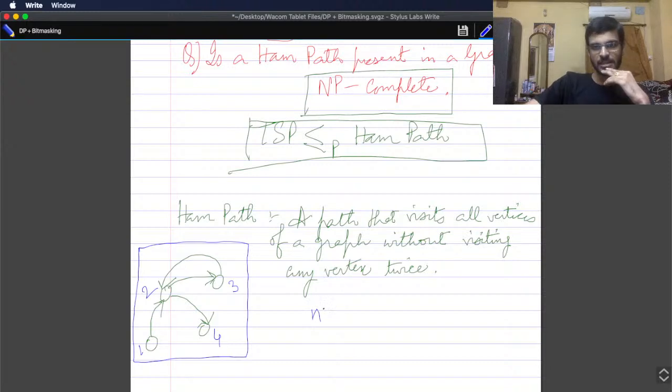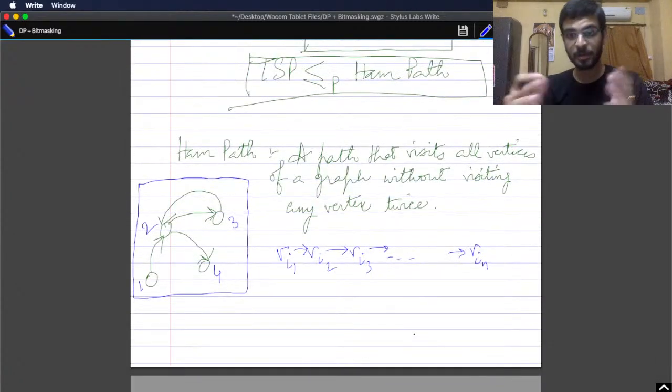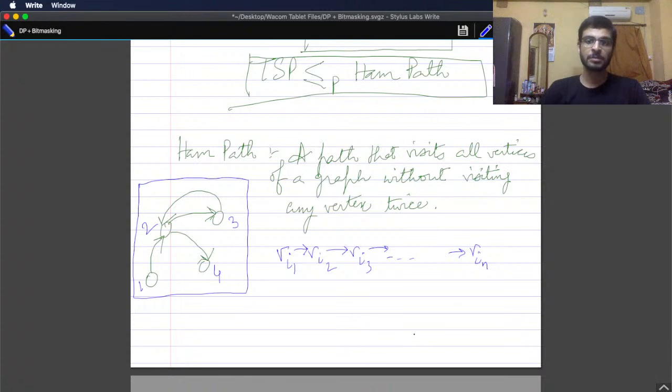Can we say that any Hamiltonian path is basically a permutation of vertices, which tells us that we are ordering the vertices in a particular manner, vi1, vi2, vi3, and so on up to vin. We are telling that in this order we will be visiting all the vertices. So a Hamiltonian path basically represents a permutation to us. Make sense?